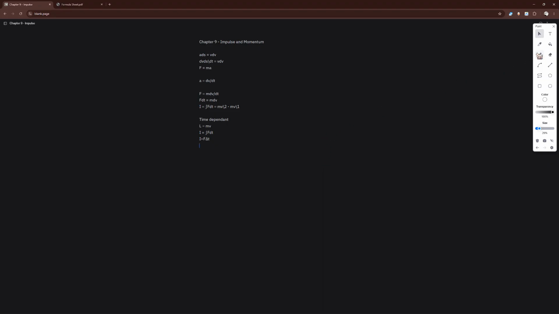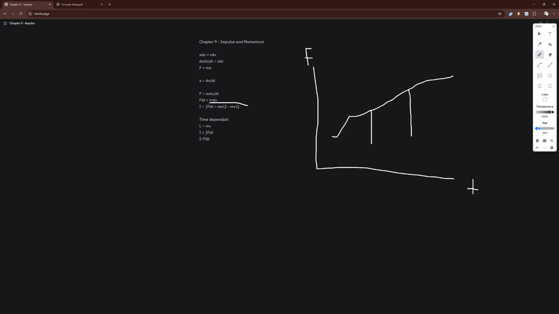We also have, graphically, we can find impulse on graphs for an F versus t graph. If we have some shape like this, and we have this section here, t1 and t2, the area is equal to this integral, right? This is the integral of this area here.